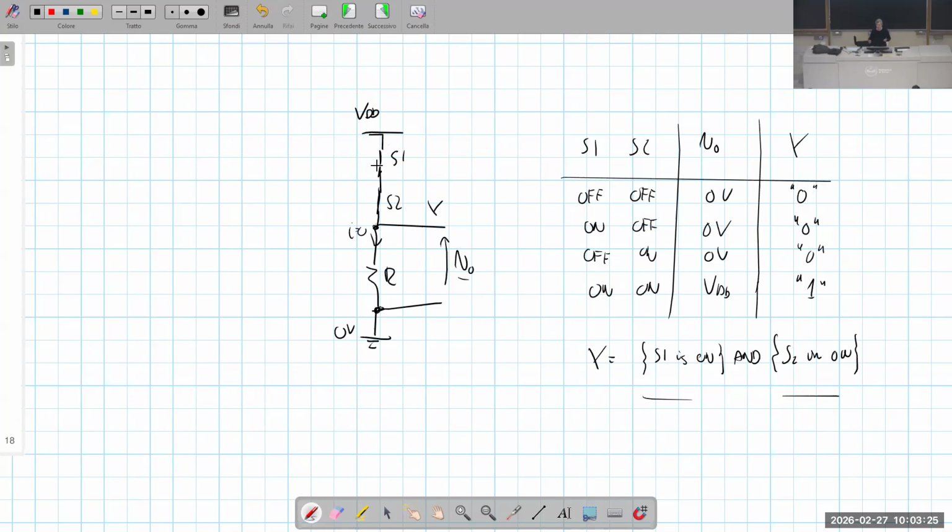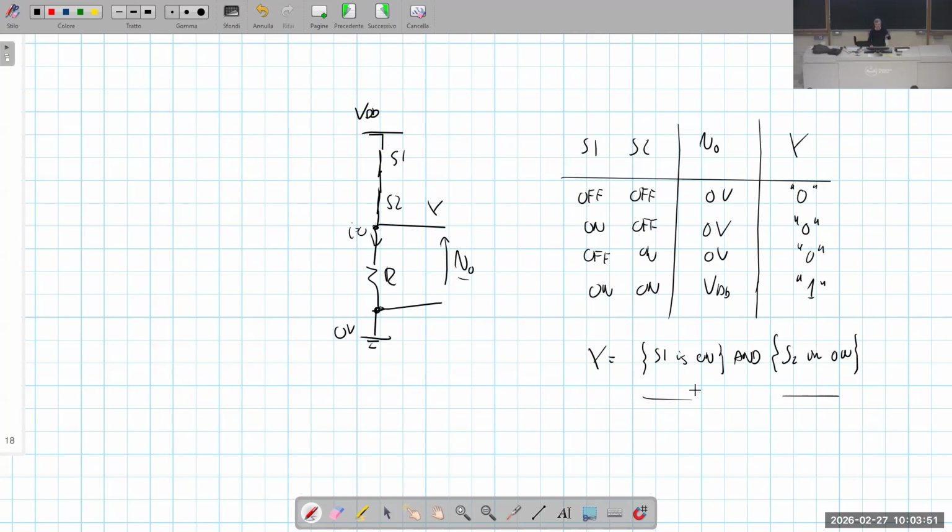The next step that will be the basis for the introduction of real-world digital networks is to take advantage of switches that are voltage controlled and that can be turned on or off depending on whether a certain voltage is high or low.